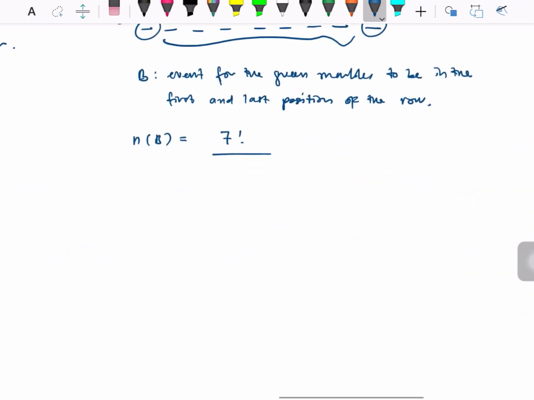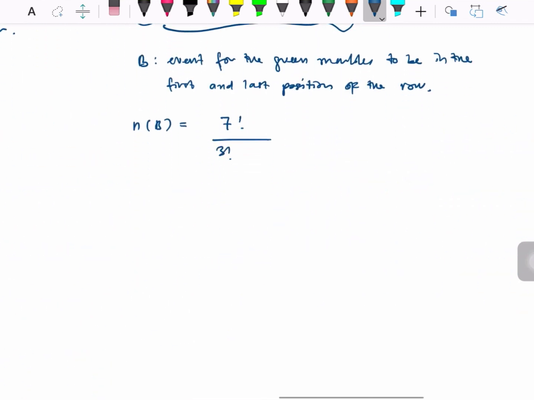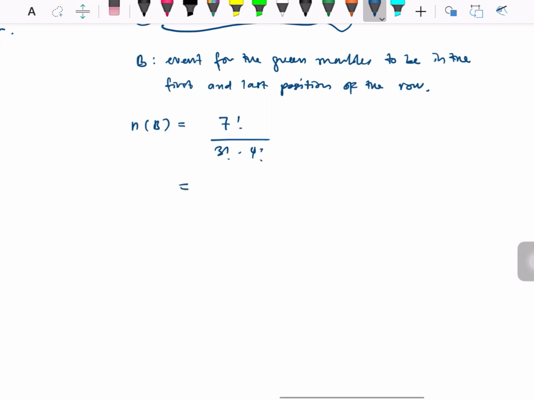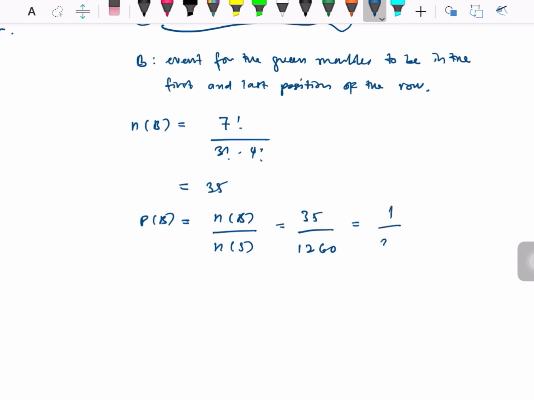So we divide by 3 factorial times 4 factorial. This will be equivalent to 35. The probability of B will be equivalent to n(B) divided by n(S), which is 35 divided by 1260. After simplifying, we have 1 over 36.